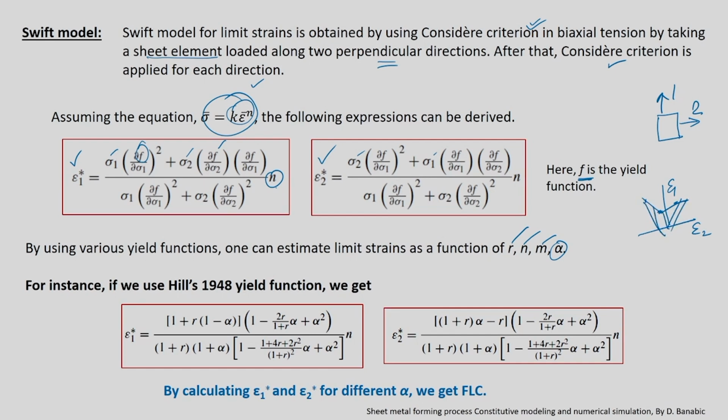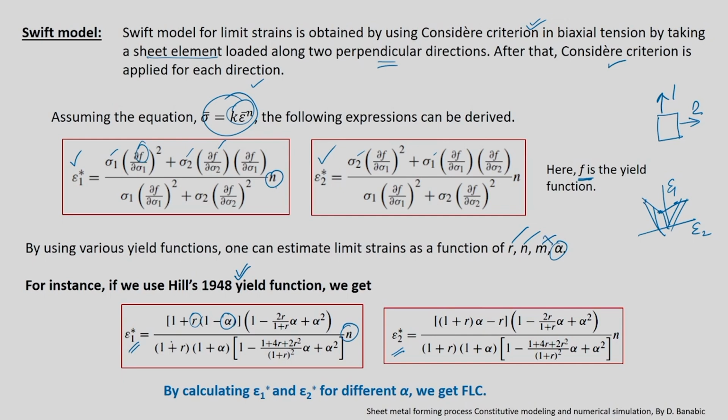Okay. And if you use Hill's 1948 yield function, the famous yield function, in place of F, then you will get a nice epsilon 1 star and 2 star expression. As I just said, it becomes a function of r, alpha and n. Of course the Swift model does not have m, so m will not come here.